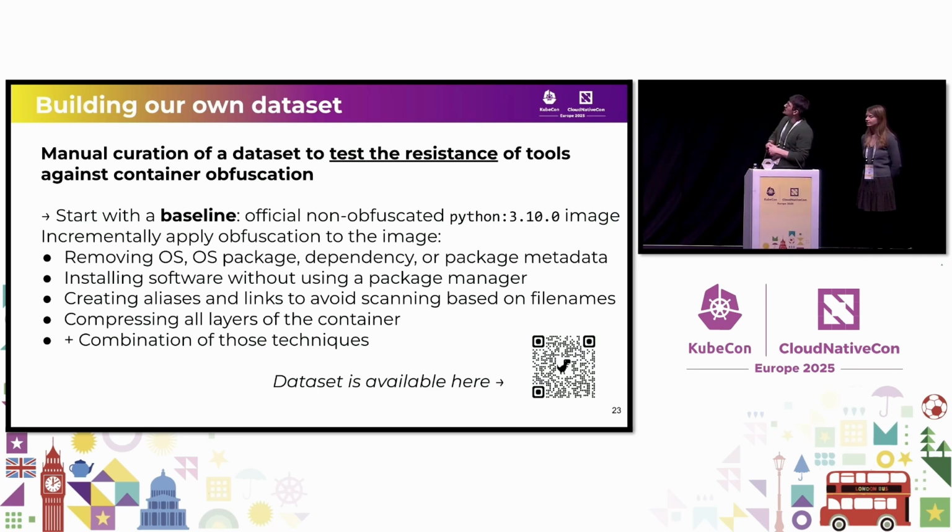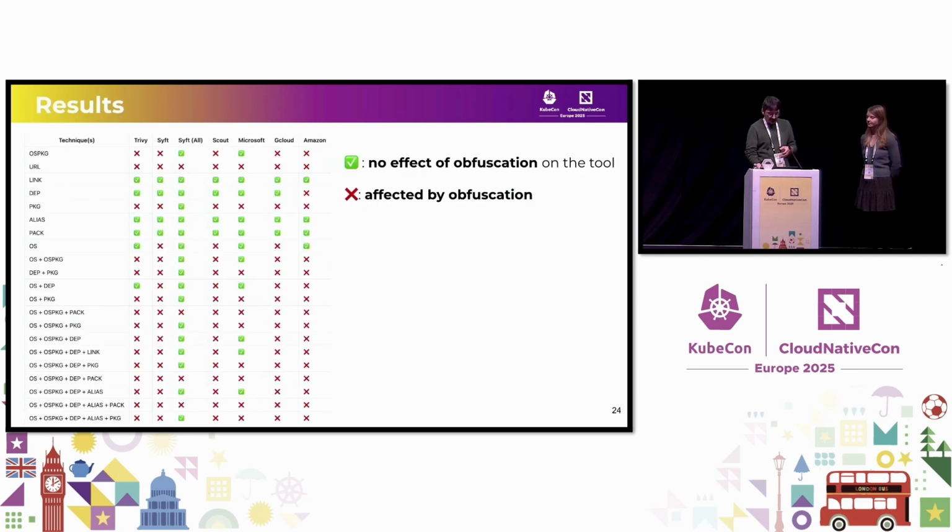There's a QR code. We started with a base Python 10 image that is not obfuscated, and then we progressively added more and more obfuscation techniques. First, individual techniques, and then we combined multiple techniques in the same image. And here are some of the results.